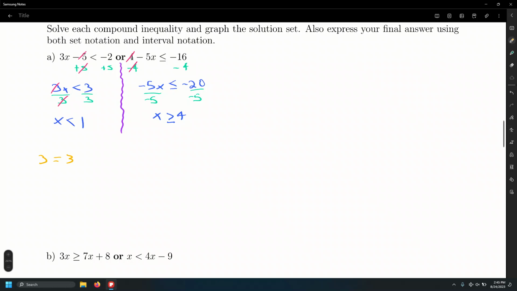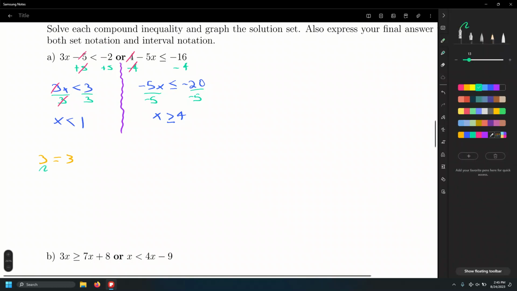That's a true statement. Now, from the theory of equations, recall that whatever we do on one side, we have to do on the other side as well. You can think of equations as scales. If you put a kilogram on one side, you have to put another kilogram on the other side to keep it balanced.